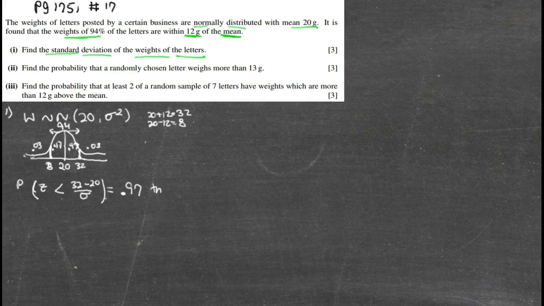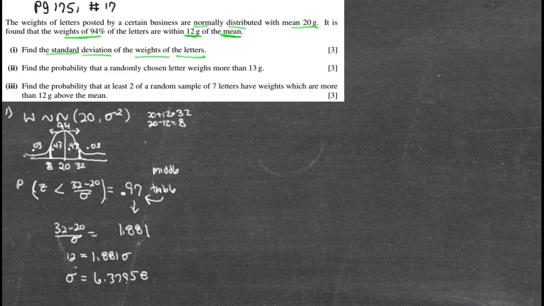So now all I've got to do is go to the table, look in the middle of the table for 0.97, the closest one I can come to it, and then I'm going to use 1.881, and then 32 minus 20 over sigma should equal that. So now all I've got to do is get sigma by itself, and I'm going to find out that sigma is equal to 6.38.